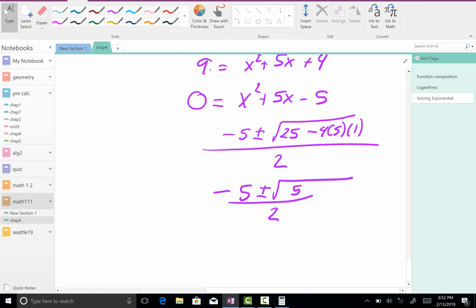Now, but the negative answer won't work, most likely. Because you can't take the log of a negative, so there's only a certain number that's going to work here. -5 minus the square root of 5 is going to be too big negatively, it's not going to work. But -5 plus the square root of 5, that might work out okay.